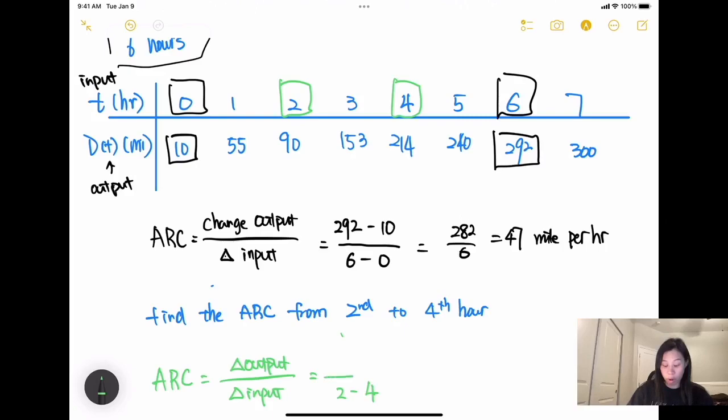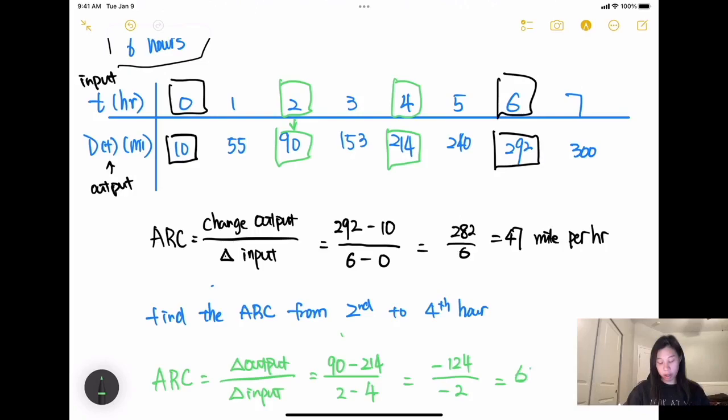That also works as long as the order of your numerator corresponds. For the output of 2 hours, you drove 90 miles on the second hour, so you want to use 90 subtract 214, which is negative 124 over negative 2. So the average rate of change here is going to be positive 64 miles per hour.